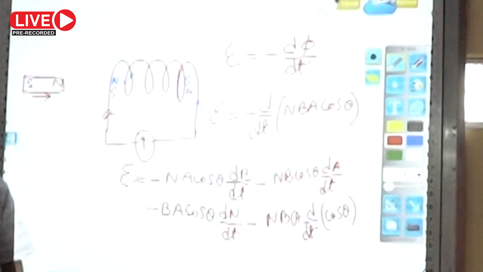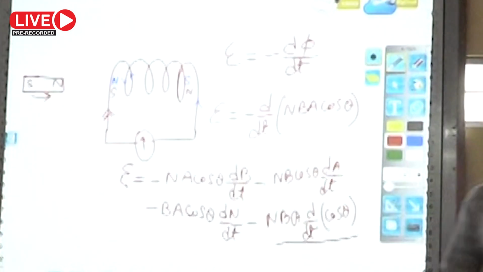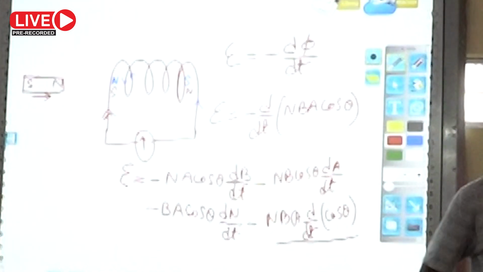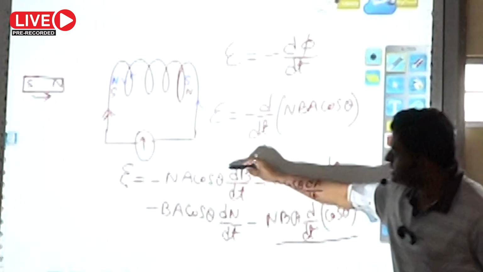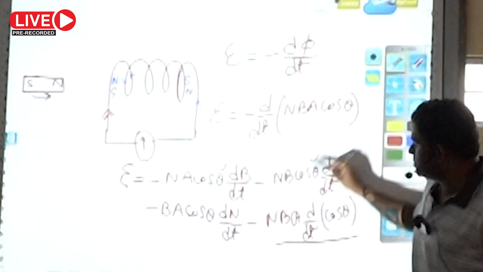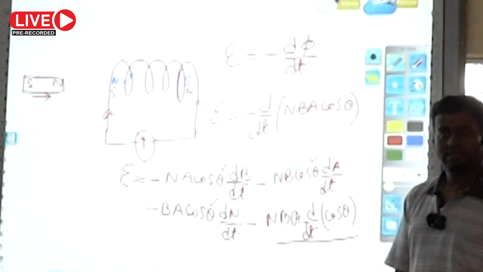Okay. Now check this down carefully. In all other cases, theta is constant. Here theta is constant, here theta is constant, here theta is constant. Okay.